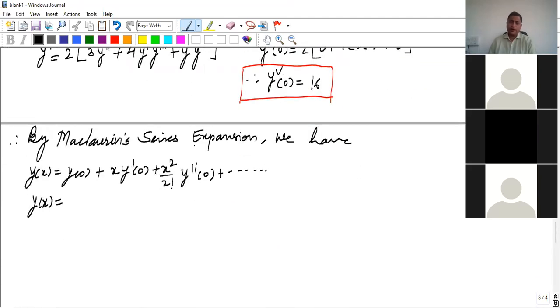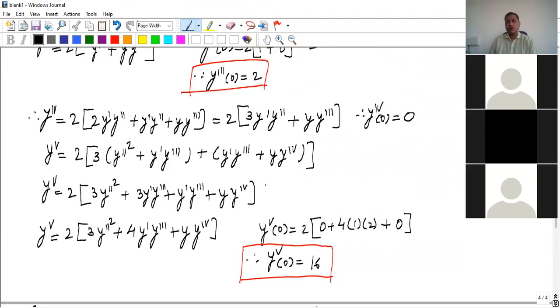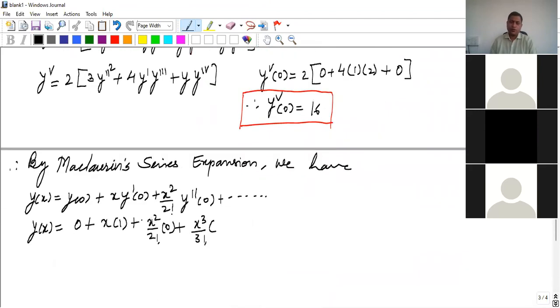So we write here 0 plus x into 1 plus x square by 2 factorial into 0, plus x cubed by 3 factorial into 2, plus x raised to 4 by 4 factorial into 0, plus x raised to 5 by 5 factorial into 16. Okay, so that's what we got.